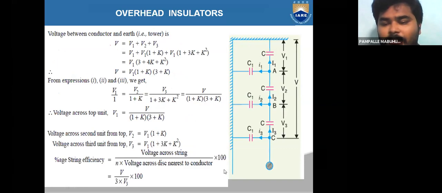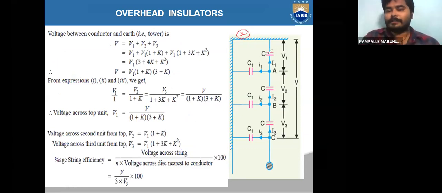This diagram represents the string of insulators with 3 discs. Each disc is represented with capacitance C, so there are 3 capacitances, meaning the total number of discs is 3. This is the line conductor.